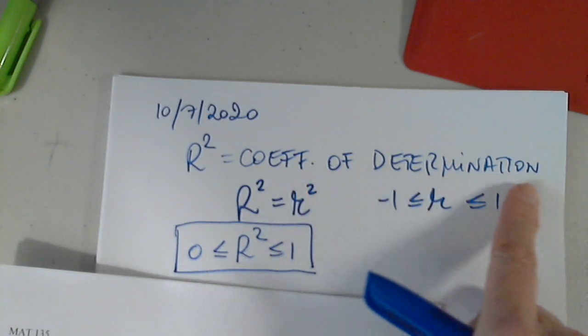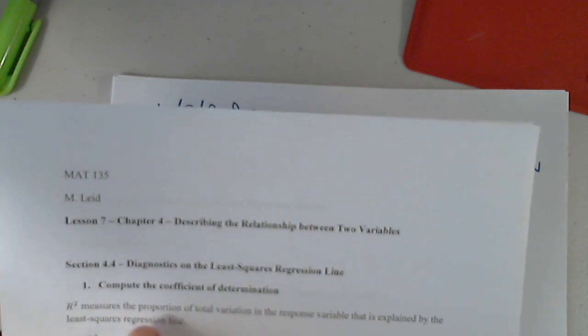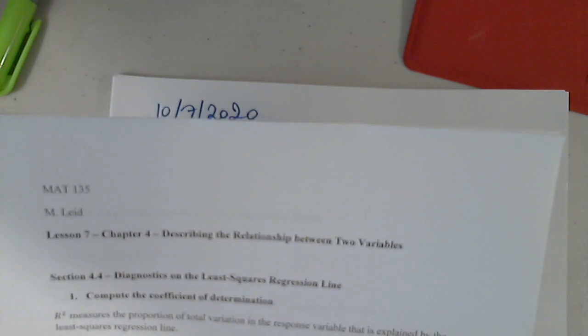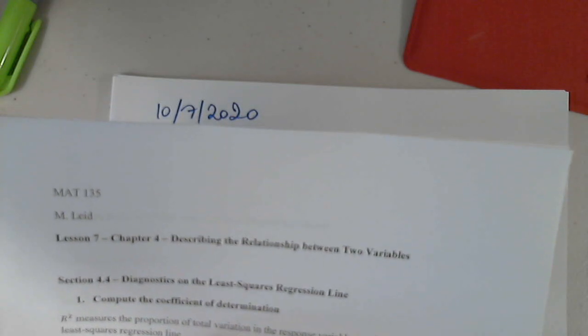Question: why do I need this? Why is the coefficient of determination important? It measures the proportion of total variation in the response variable that is explained by the least squares regression line.